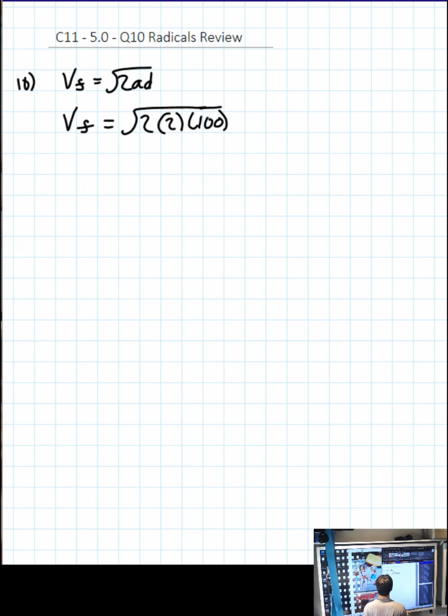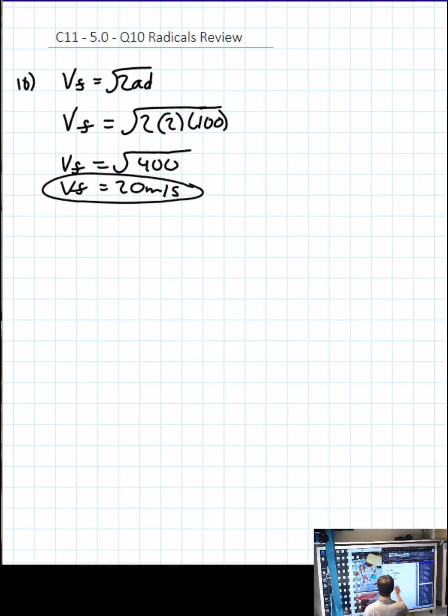So v sub f equals the square root of 400, and v sub f equals 20 meters per second, which means that if a car starts at rest, travels 100 meters, accelerating at 2 meters per second squared, at the 100th meter it will be traveling at 20 meters per second.